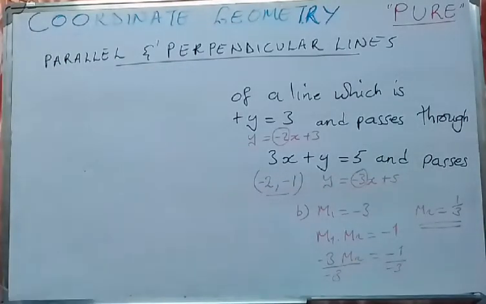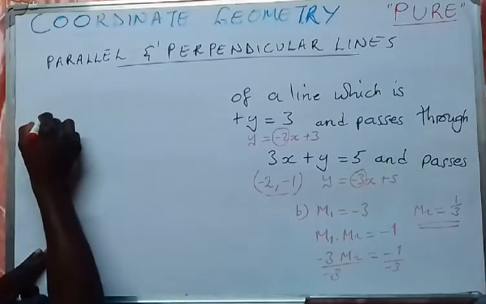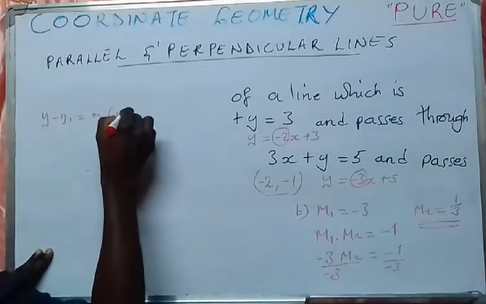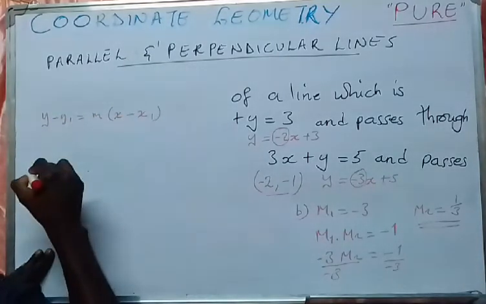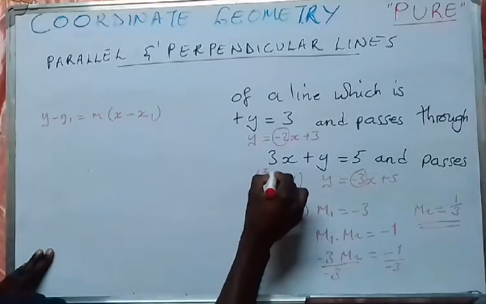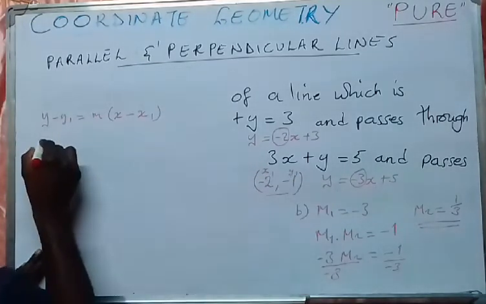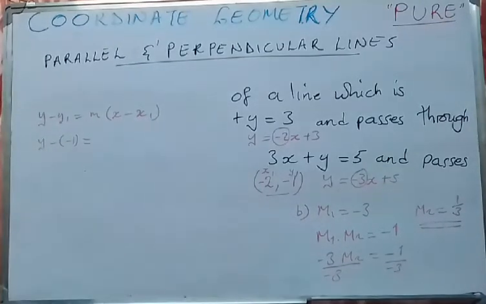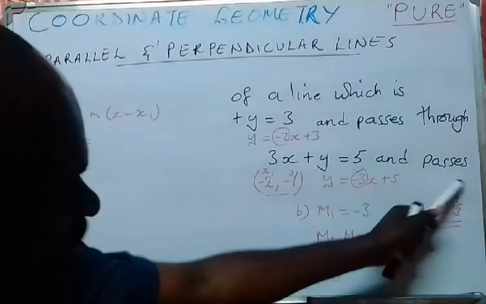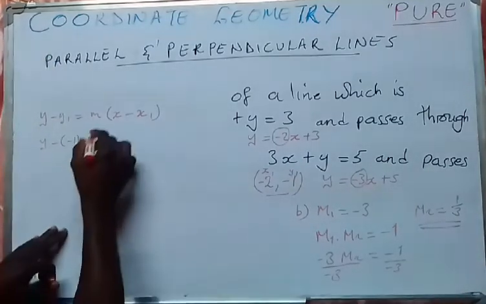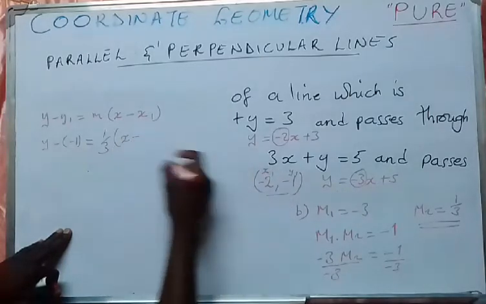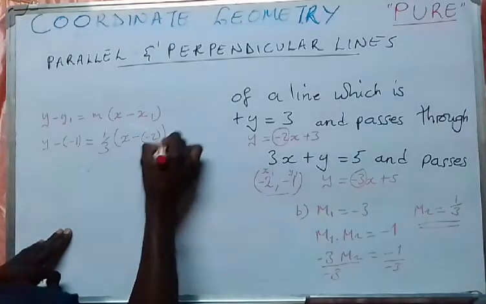Therefore, we will say y minus y1 equals m, open bracket, x minus x1, close bracket. Therefore y minus open bracket negative 1 close bracket equals our gradient 1 over 3, open bracket x minus our x1, which is negative 2 here.